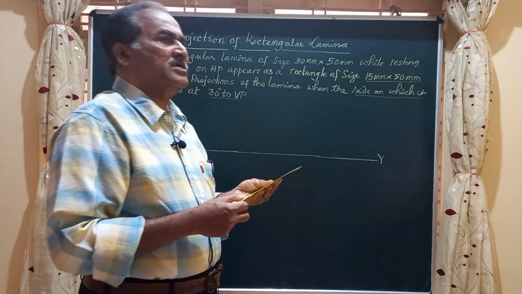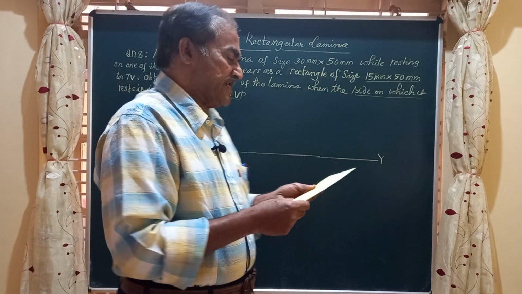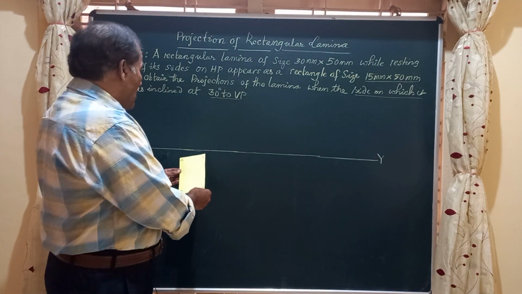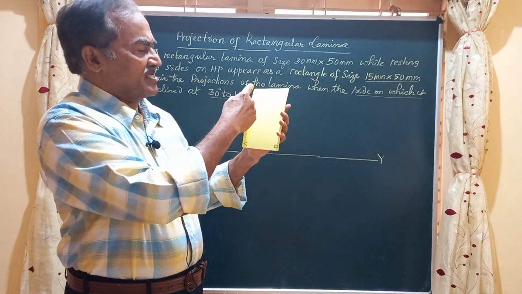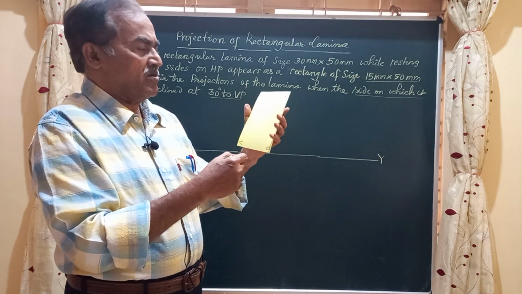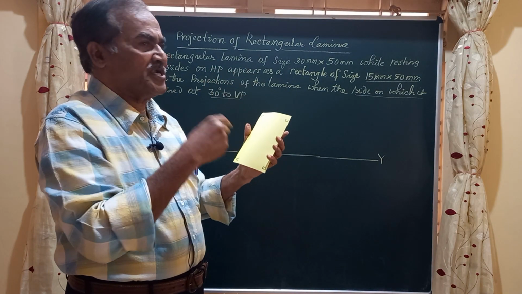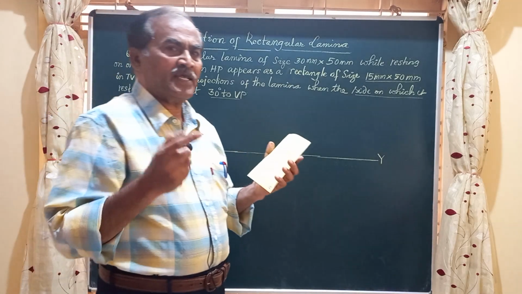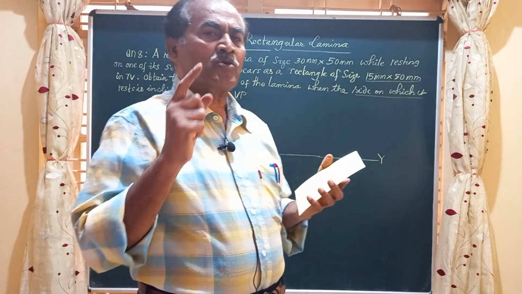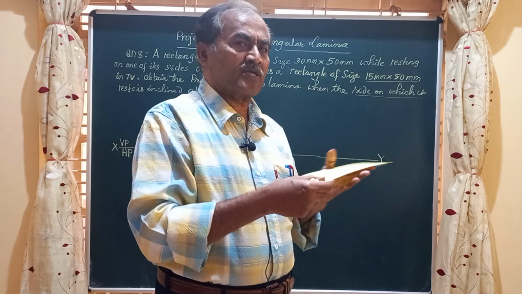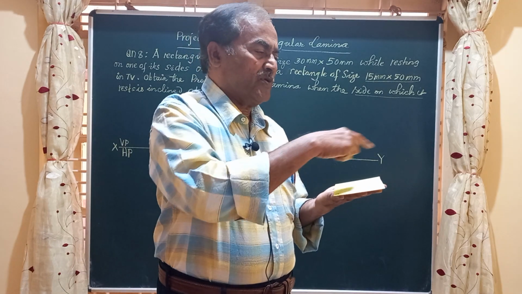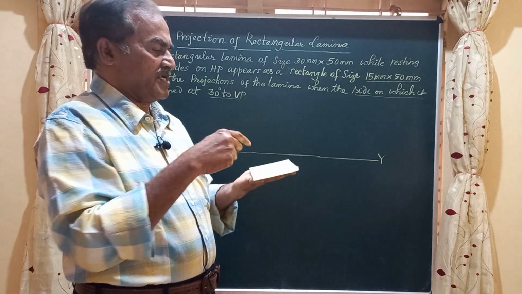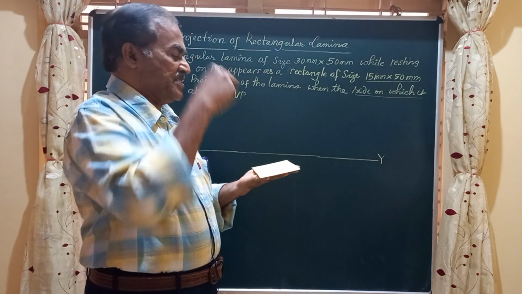So friends, here it is very obvious that I have to place the lamina on HP on one of the longer edges such as AD and get the front view and top view. When the lamina is placed on HP on its longer edge perpendicular to VP, you will be able to get a rectangle of size 30 by 15 in the top view.